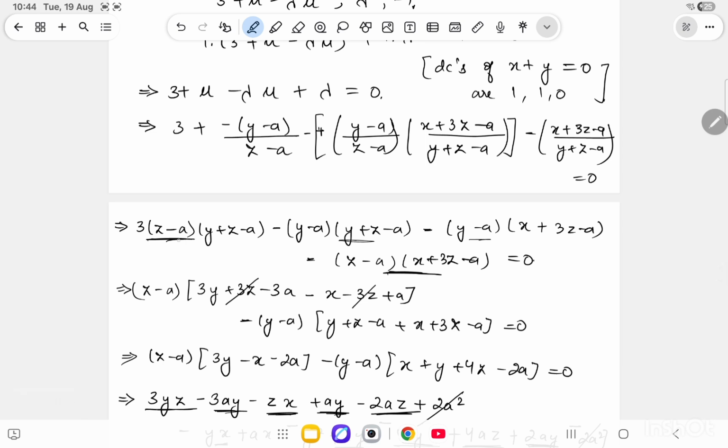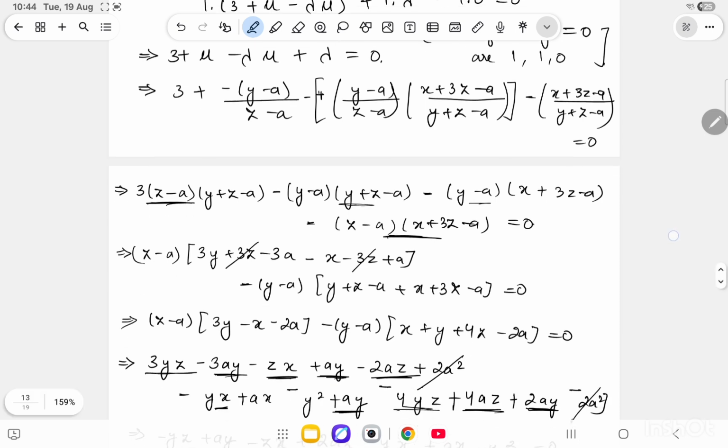Y plus z, 3 into z minus a, y plus z minus a, minus y minus a, and then minus y minus a, 3 plus z minus a, x plus 3z minus a, yeah, and then here's again z minus a.